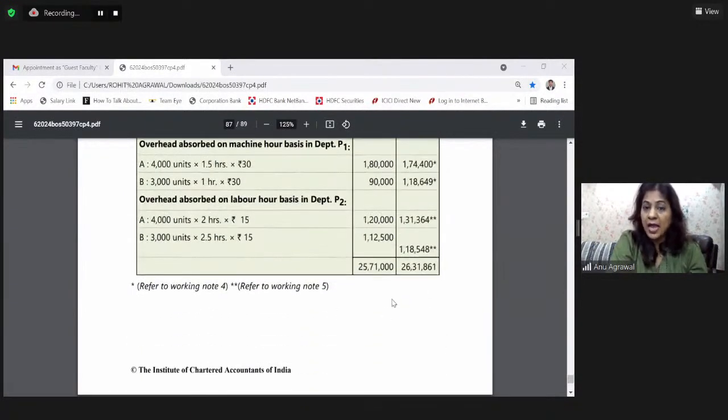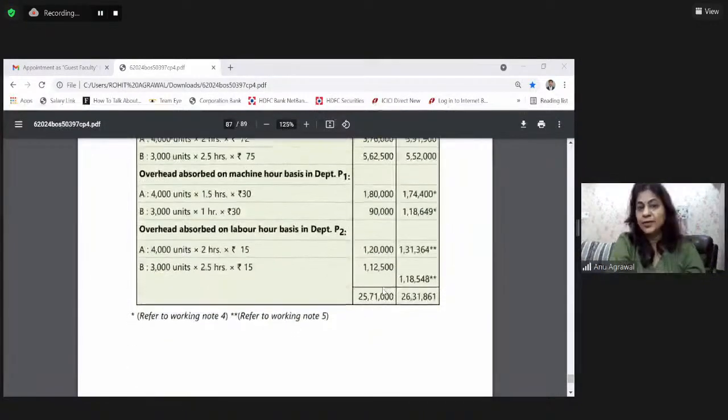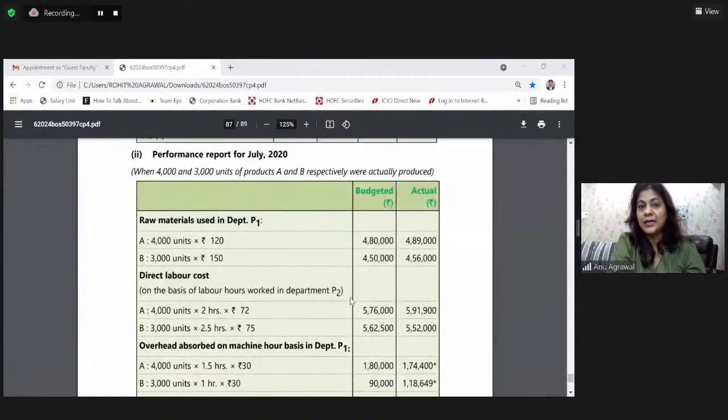Right? So, practically speaking, the cost which I'll come to know as per budget, look here, is 25,71,000 for my raw material. This is for department 1, in which my 2 products are being manufactured.